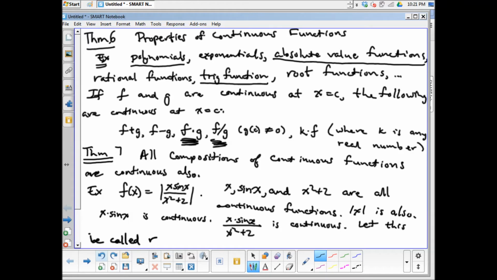We called r of x equals x sine x over x squared plus 2. Let's let s of x be the absolute value function, which is continuous.